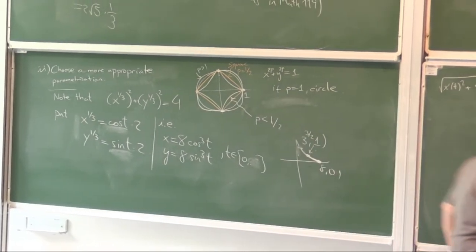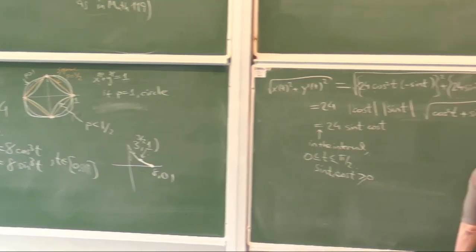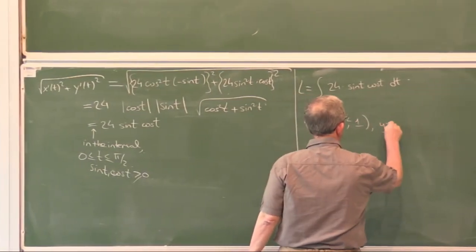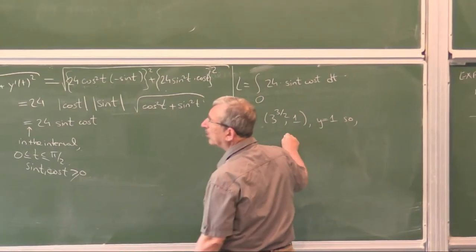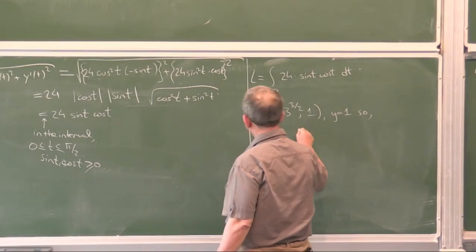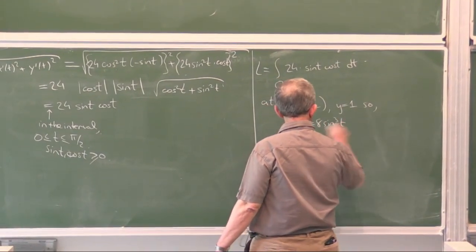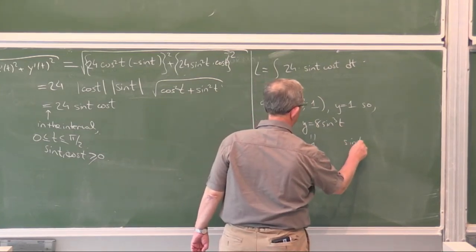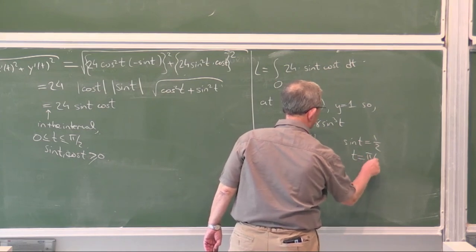So here, let me correct that. At 3 halves, 1, y is 1. Remember, y was 8 sine cube t. This is 1. So sine t is 1/2, and t is pi over 6.